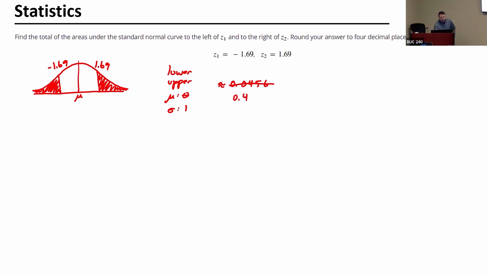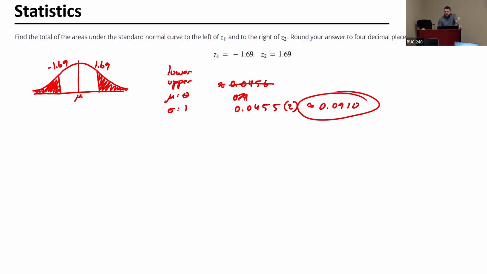There you go. But then what do I have to do? Multiply it by 2, because you're looking at two different areas, two separate tails. And once you do this, you're going to get 0.0910.